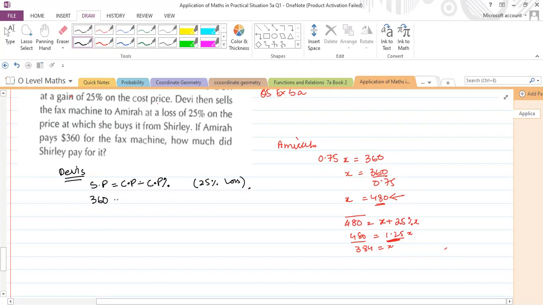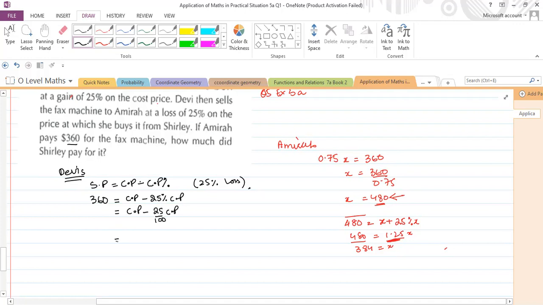Her selling price was 360 because Amara paid 360 for the fax machine. So the cost price we do not know, but we know that it was at a loss of 25% on the cost price. Thus, cost price minus 25 upon 100 of the cost price.